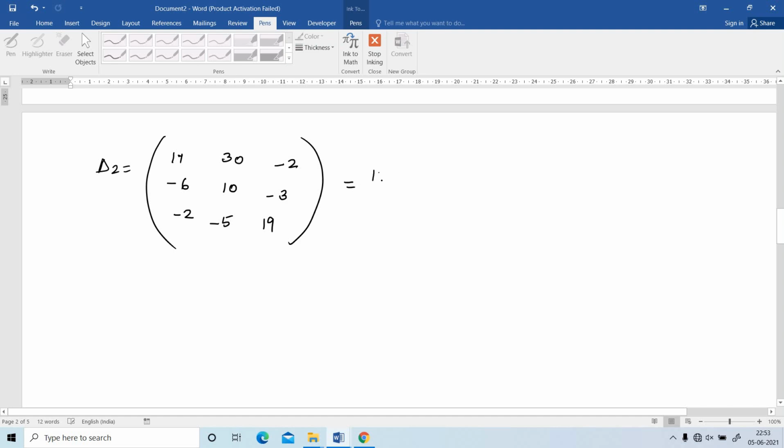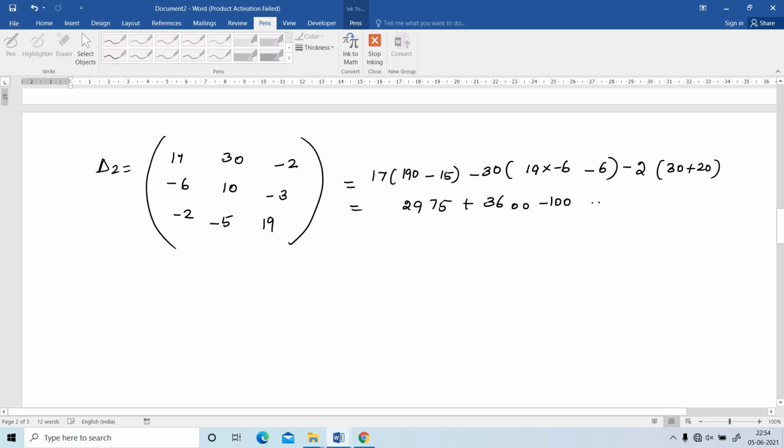That is equal to 17 into 190 minus 15 minus 30 into 19 into minus 6, minus 6, minus 2 into 30 plus 20. That is 2975 plus 3600 minus 100, that is equal to 6475.